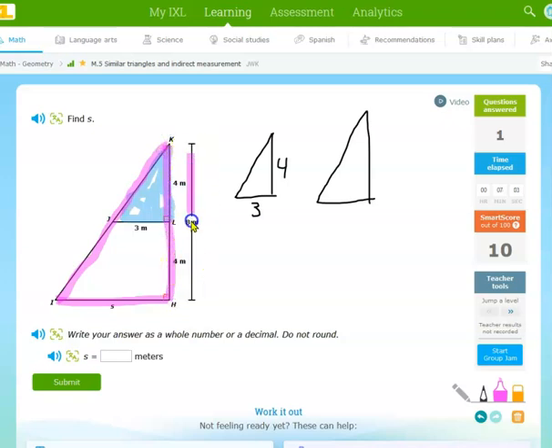So the height of that triangle is 8 and the base is S. This is what we're trying to find. Okay, so coming over here, I'm going to put an 8 for the height, and then we can just use X, or you could use S. Any letter would be fine for the base right here.